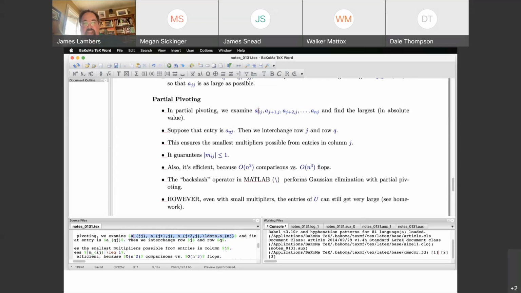You start at the diagonal entry, and everything below it is what you consider. You're finding the largest of those. But then when you swap rows, you determine which rows to swap. Don't forget to swap the whole row. Now, to the left of column j, those entries will be 0 anyway, but still.